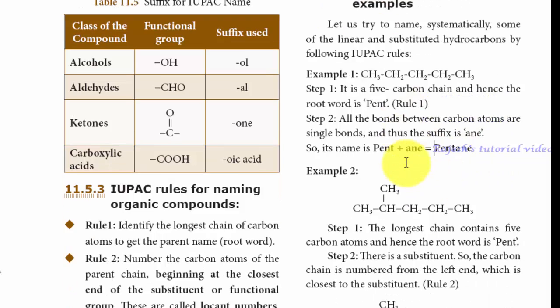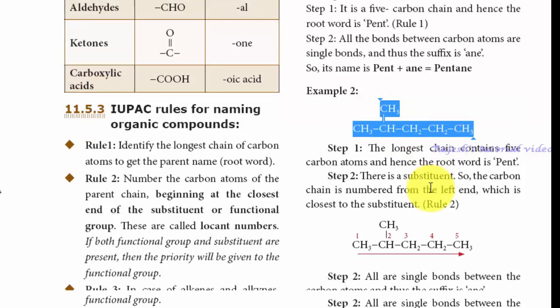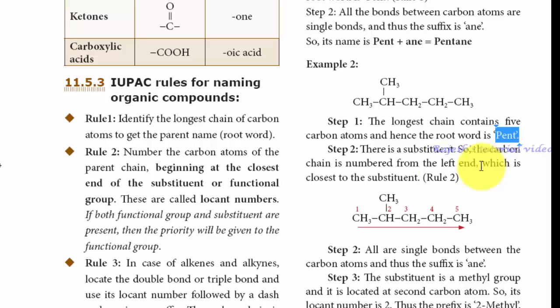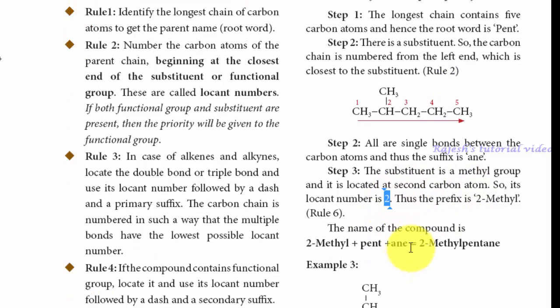In example 2, the longest chain contains 5 carbon atoms, so the root word is pent, and the substituent is a methyl group, and it should be attached so that it has the least locant number. So the numbering of the carbon atoms should start from the left, and so the methyl group is attached to the second carbon, and all the carbons are attached with single bonds.